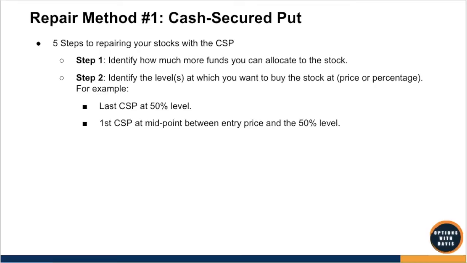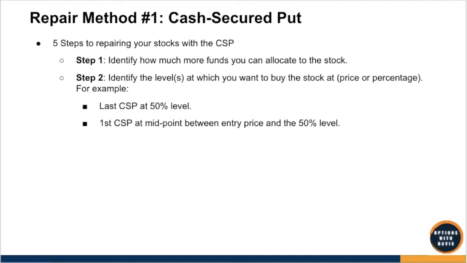How I will determine the last level would generally be around the 50% level, because most of the time stocks do not really drop all the way to the 50% level unless it's a market crash or bear market.